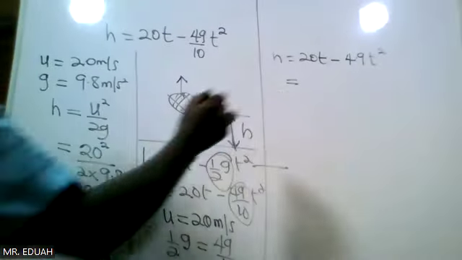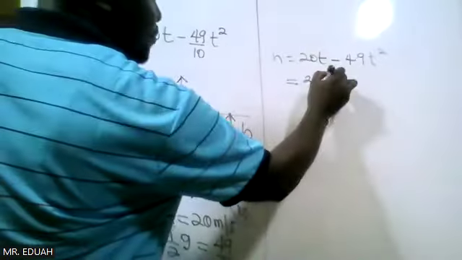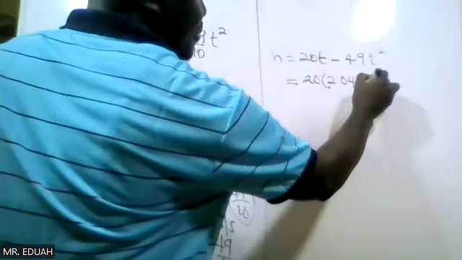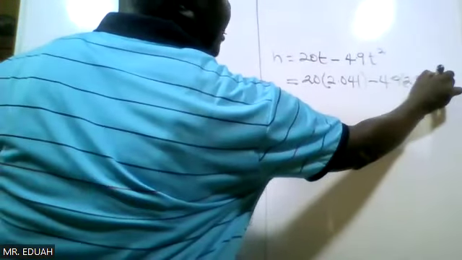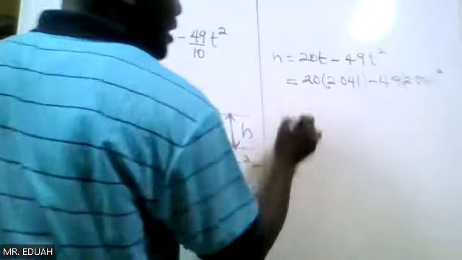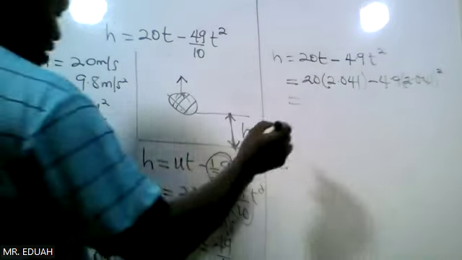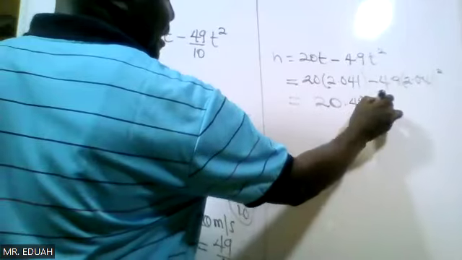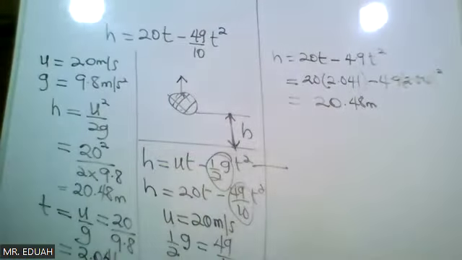So we have 20 times t, which is 2.041, minus 4.9 times 2.041 squared. And this must also be close to the H value of 20 point something, 20.48 meters. So this is the other way out.